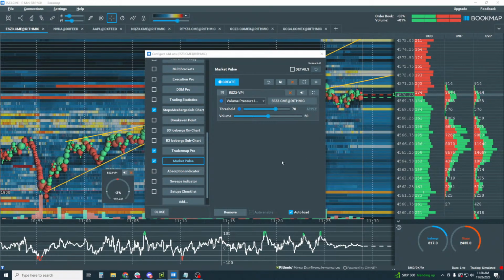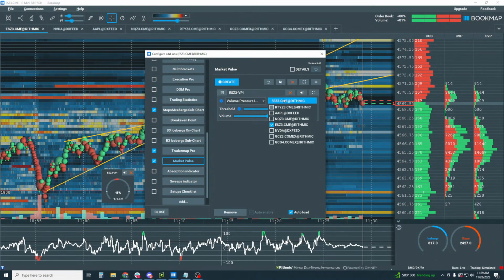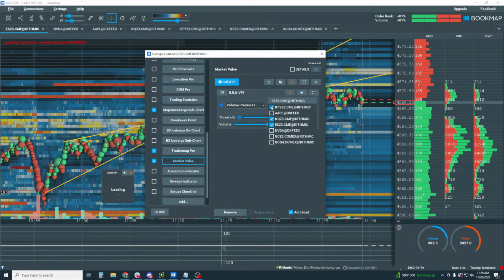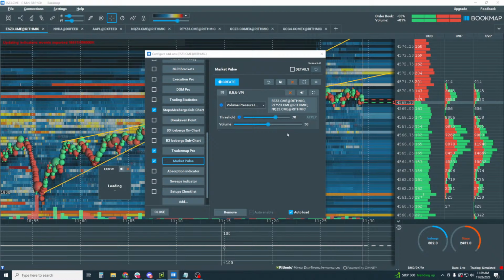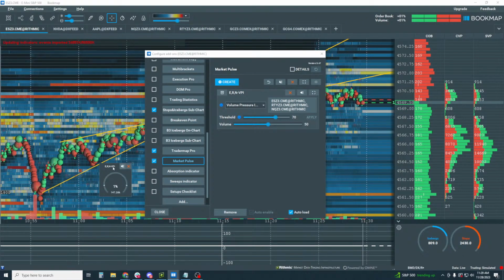What we want to cover is the multiple markets or instruments we can select. This is really great. So let's suppose we want to look at volume pressure of the NASDAQ, the Russell, and the ES. We can do that, and now it's reloading. It's selected these three instruments and is outputting it as one kind of synthetic Market Pulse instrument.